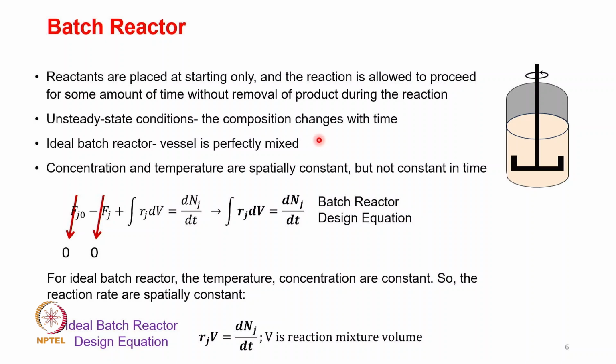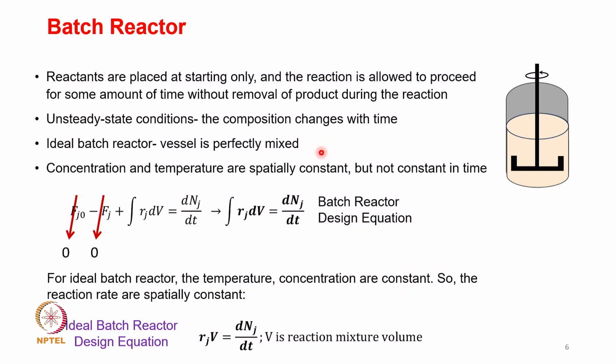So a batch reactor operates under unsteady state conditions. And you have a stirrer in any reactor configuration for good mixing, so under ideal conditions we assume that a batch reactor is perfectly mixed.